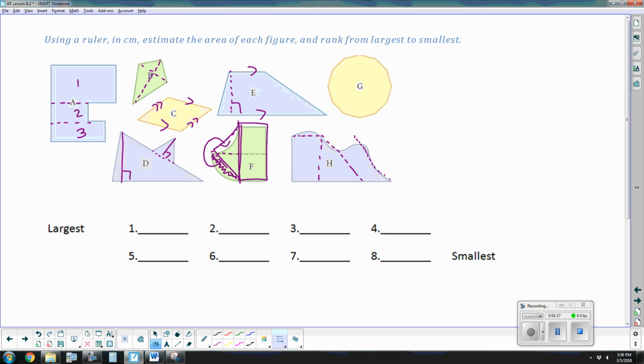And then maybe this might be close to, maybe closer like this, or like this, parallelogram. With odd shapes like this, the best you can do is estimate.